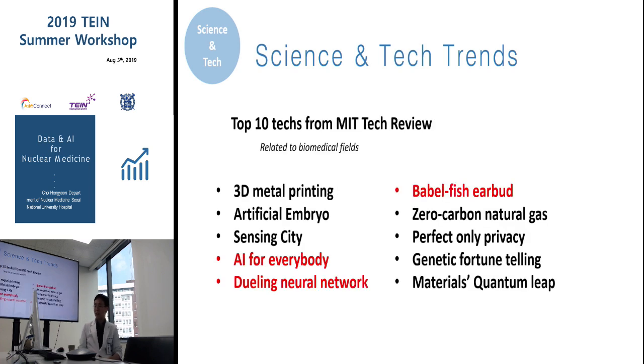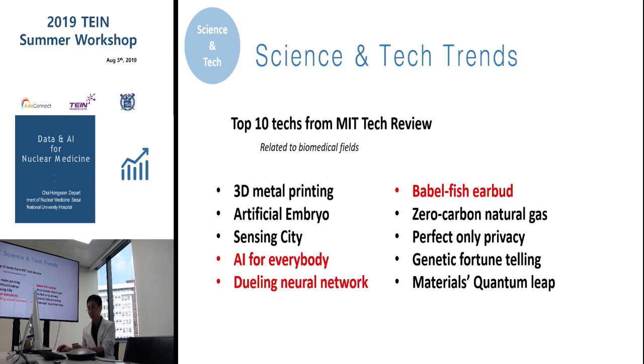And this is the top 10 technologies from the MIT Technology Review, selected from last year. Among the top 10 technologies, three are related to artificial intelligence. The first one is AI for everybody. This is related to easy prototyping of artificial intelligence, like Excel or some statistical software packages.